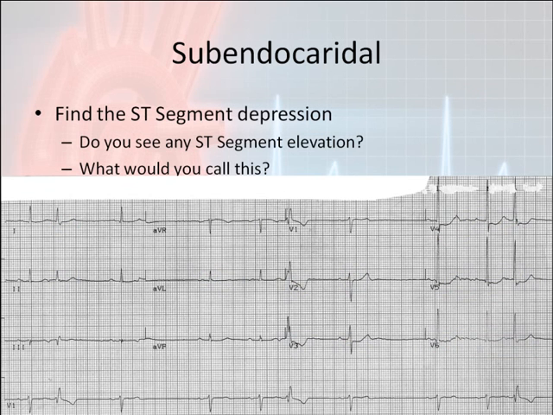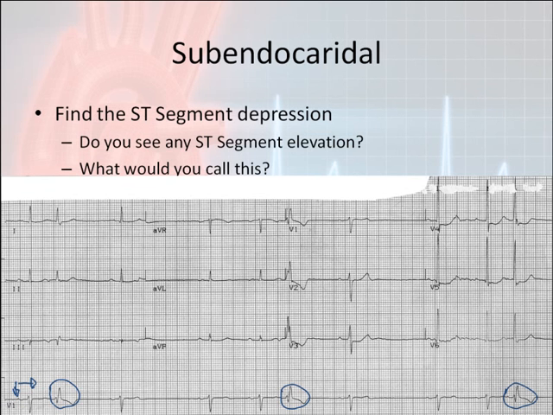The third step of my 6-step interpretational process is rhythm interpretation. If you look down here at the bottom in V1 right here, this is a rhythm strip that goes all the way across. This right here looks like to be a right bundle branch block.